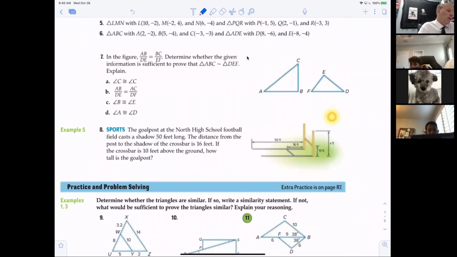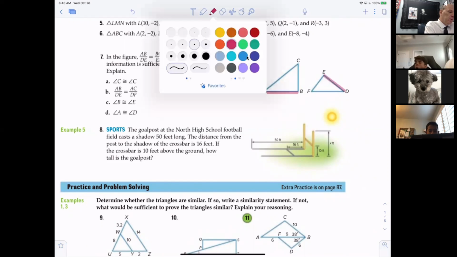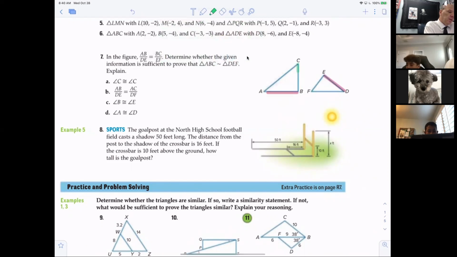In the figure, AB over DE is equal to, all right, so let's look. AB over DE is equal to BC over EF. So we have a choice here. I can name what angle?